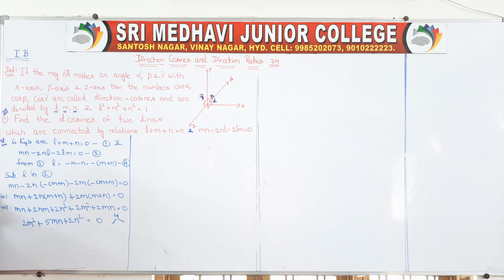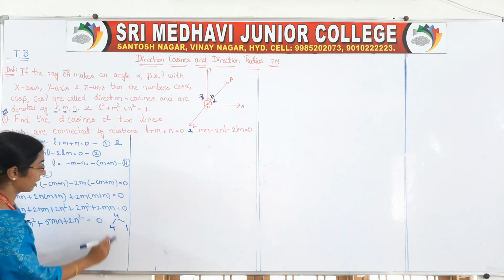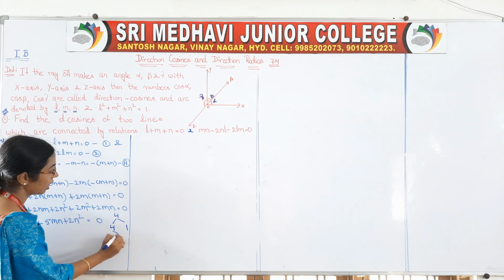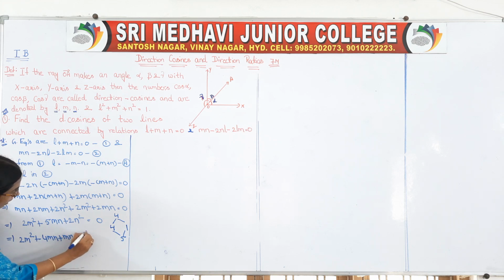So 4 and 1: their product is 4 and their sum is 5. So how can we write this? This is 2m square plus 5mn, which can be written as 4mn plus mn plus 2n square is equal to 0.